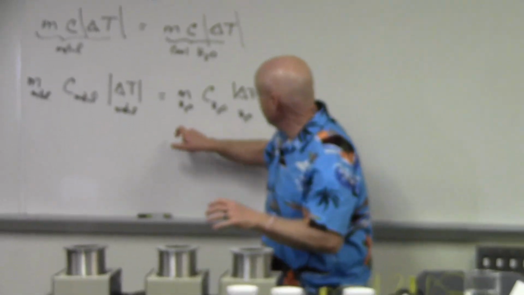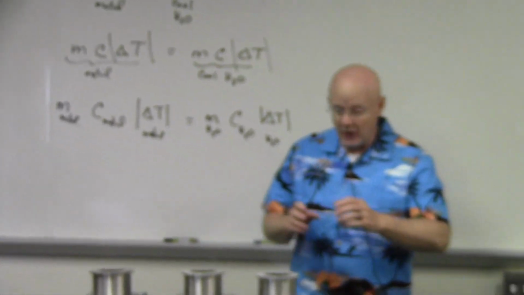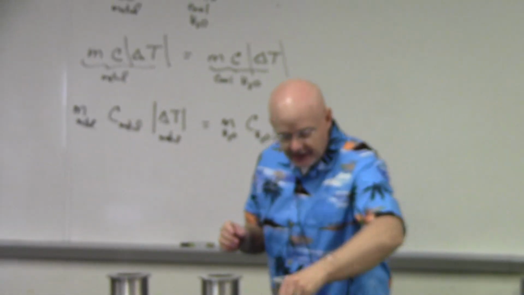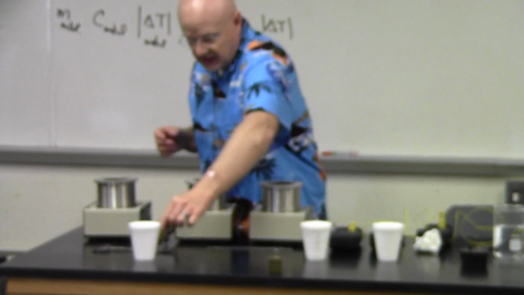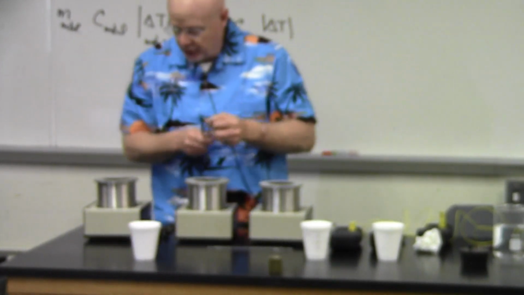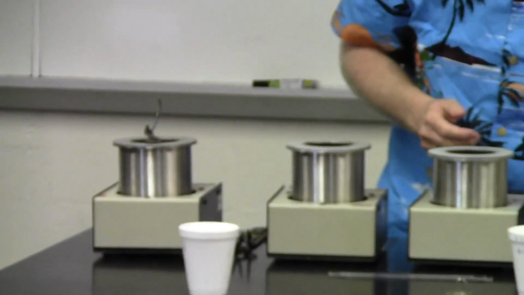Now, the other part of the data, as we said, is this one here. What is the mass of our water? All right. So putting those in the same order, I'm going to go ahead and put the brass in here, and to set things up, I'm going to put the brass in some boiling water.